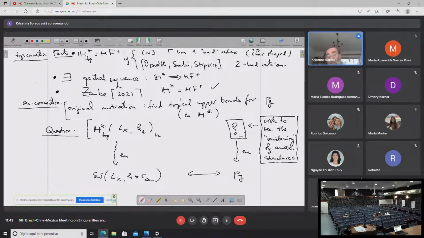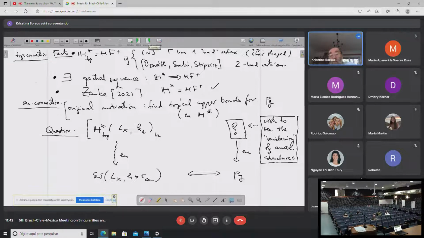So I fix the topological type and consider different analytic structures, and hopefully these objects also see this variation of analytic structures. Even pg, we know, jumps when I move the analytic structure.